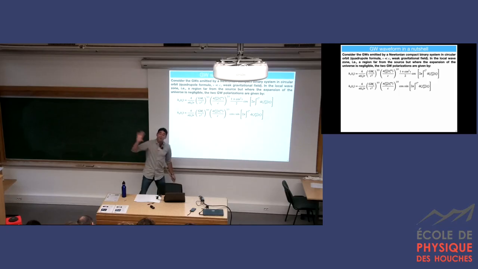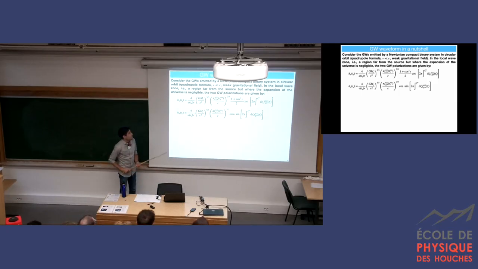Okay, this was my introductory cosmology slide. Now we'll move to gravitational waves and the polarizations. What I'm going to do here is show you explicitly why gravitational waves are standard sirens.